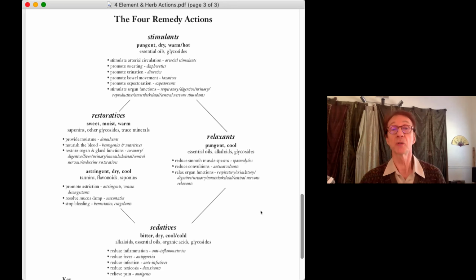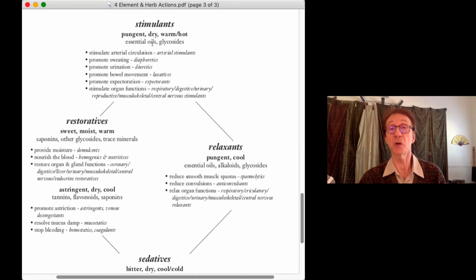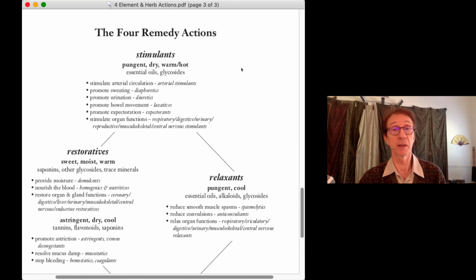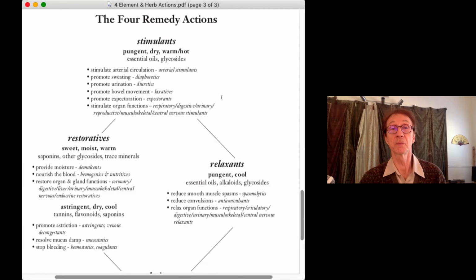Okay, so stimulants, as you can tell, hopefully now, tend to be pungent, dry, warm, hot. They contain essential oils, glycosides, like cardamom, black pepper, damiana, etc. Right?